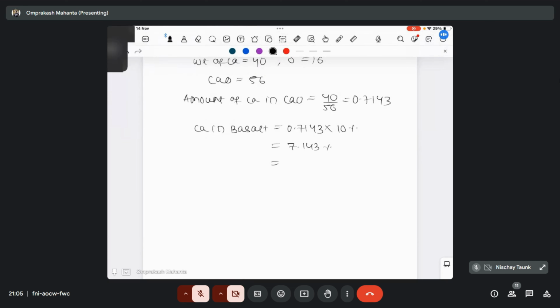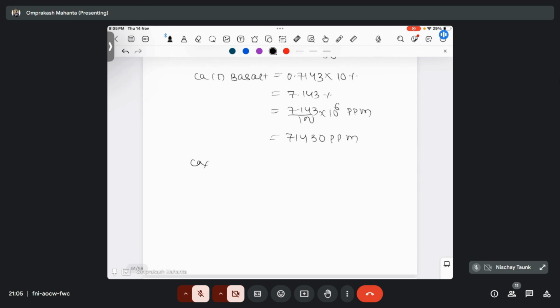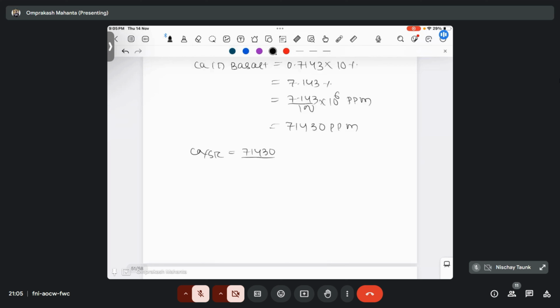Okay, so first you have to normalize it. 7.143 into 100 into ppm means 10 to the power 6. Then we will get around 71430 ppm. Okay, so now the Ca by Sr value is 71430 divided by Sr, which is 327.